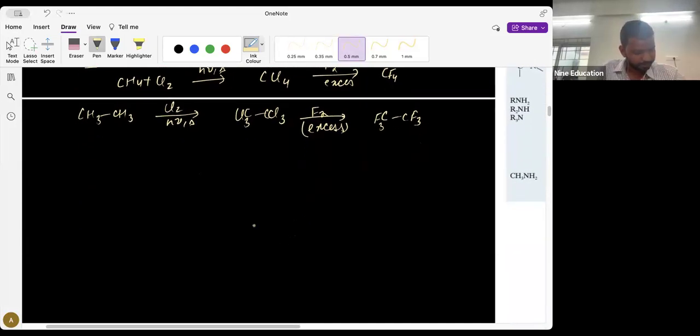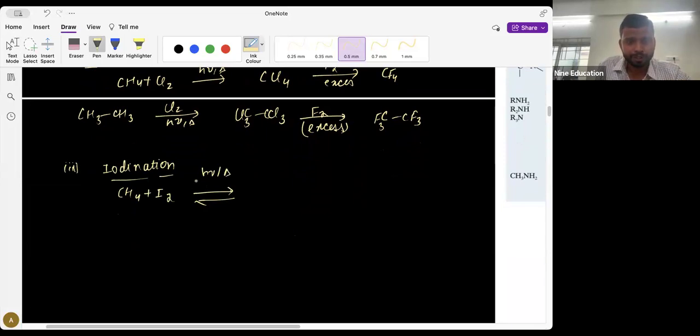Similarly, we can see iodination. In iodination, let's say we have CH4 plus iodine, and in the presence of heat light, we have to put in this reaction HNO3 or HIO3. So we will prepare CH3I and HI, beta. In this reaction, this HNO3 and HIO3 is a strong oxidizing agent.